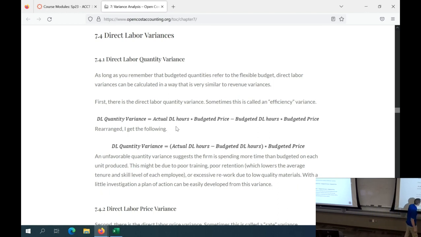Therefore, it has the name quantity variance. You can algebraically rearrange that, pull out the budgeted price, because that's the same in these two product terms right here. Pull it on the outside and create parentheses. It just has these two inside, and you have this equation right here: actual direct labor hours, actual quantity that is, minus budgeted direct labor hours, or budgeted quantity, and that difference times the budgeted price.